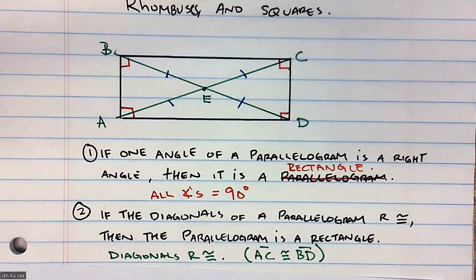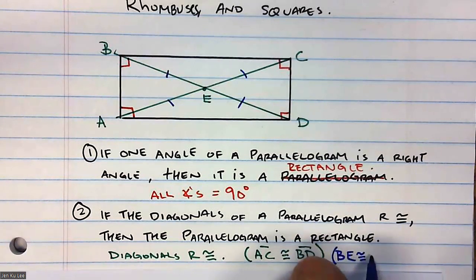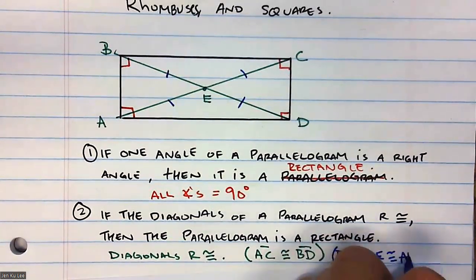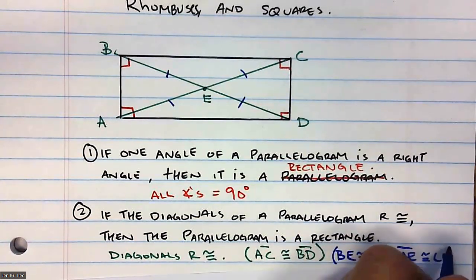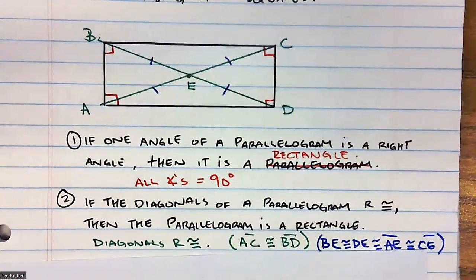You guys see that? So I can also say BE is congruent to DE, which is also congruent to AE, which is congruent to CE. I can say all of that.